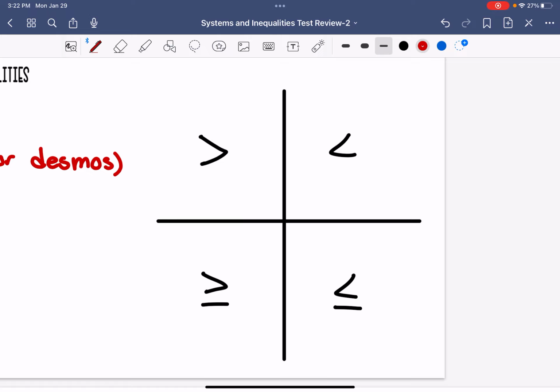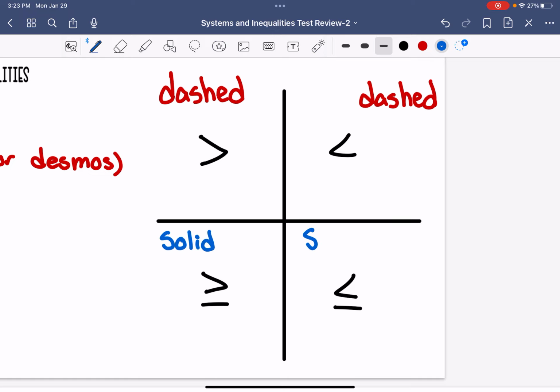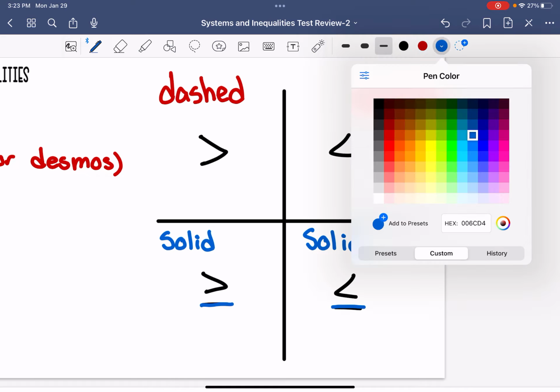These two symbols at the top will have dashed lines. Okay, these will both be dashed lines. These ones at the bottom will both be solid lines. Okay, we know it's a solid line because it has that or equal to at the bottom.